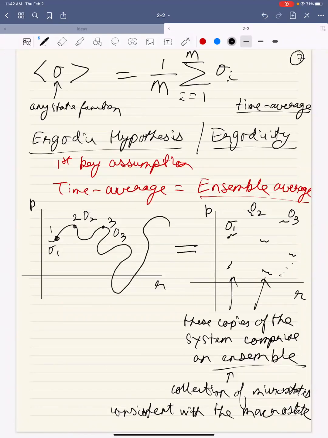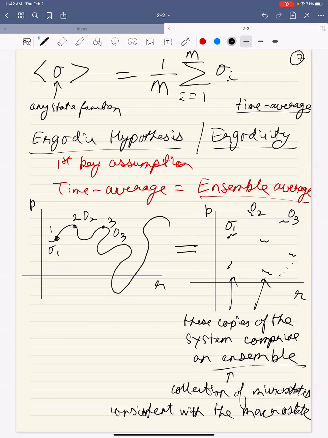So you have that macro state and you go and create lots and lots of copies of the system, and you will have to create a very, very large number of copies. And statistical mechanics will show you procedures to check whether you have enough copies or not. And now you calculate the average in this setup that is going to be known as the ensemble average.